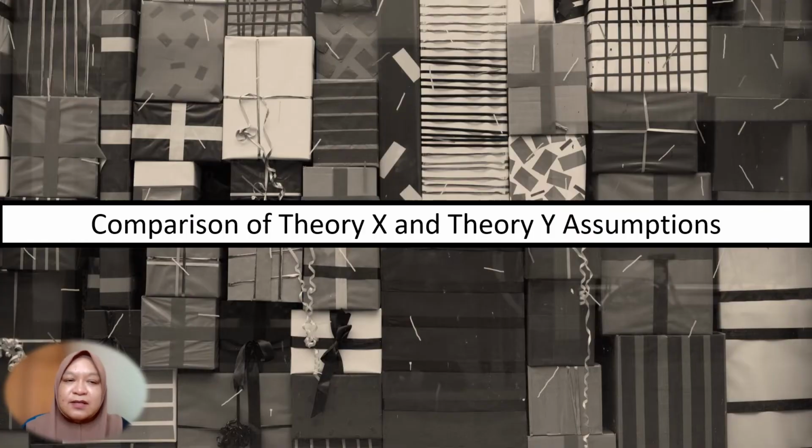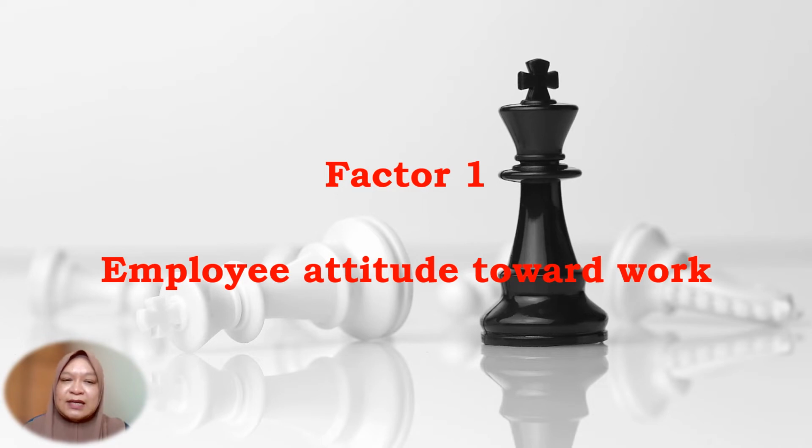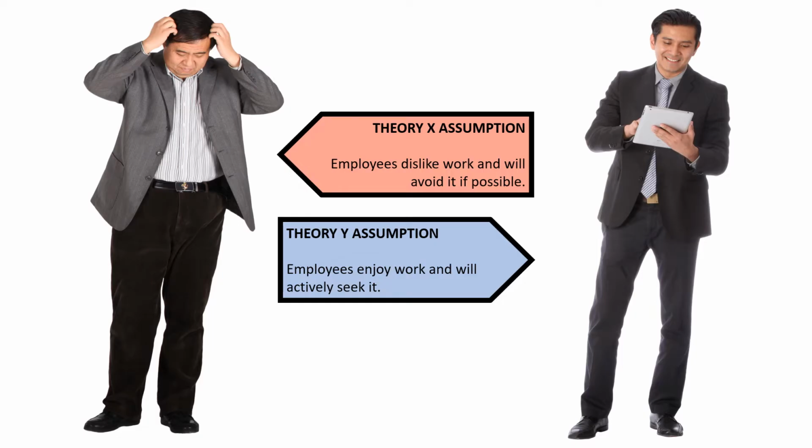So let's see the comparison between theory X and theory Y assumptions. Remember, these are assumptions by the manager. The first one we want to see is employee attitude toward work. So how is X? X assumes that employees dislike work and will avoid it if possible.